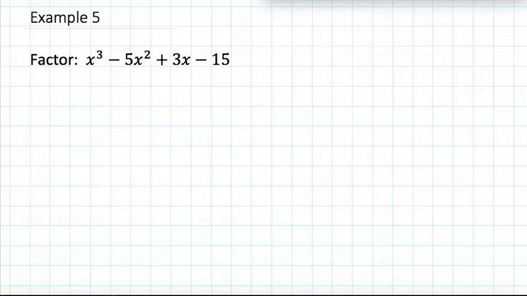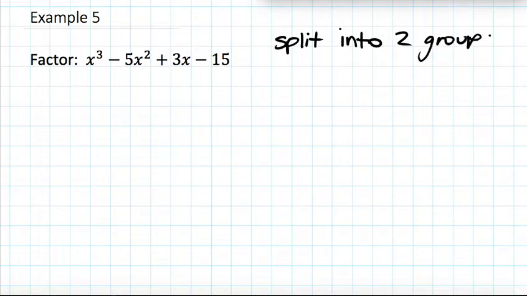So what you're going to do when you're factoring by grouping is split the original polynomial into 2 groups of 2. We do this, again, with problems that have 4 terms. So split into 2 groups of 2. We're going to look at the first 2 and the second 2.